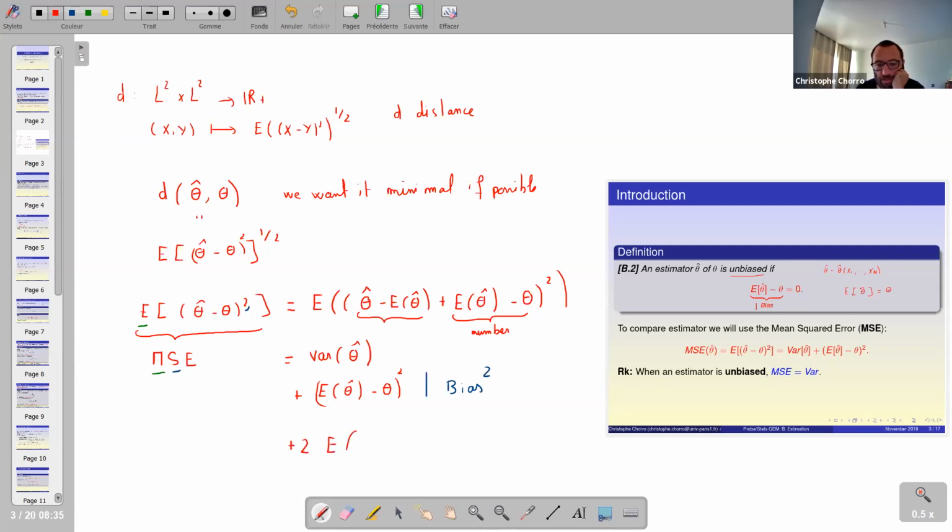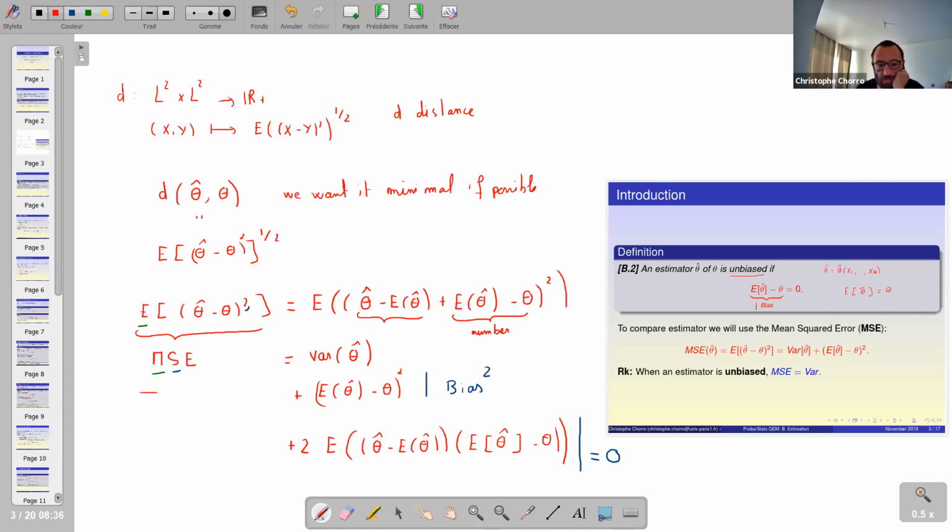It is the expectation of theta hat minus the expectation of theta hat, multiplied by a number that is equal to this one. And I see easily that this quantity here is equal to 0. That's why I can express, as it is written in this formula, my mean square error here.